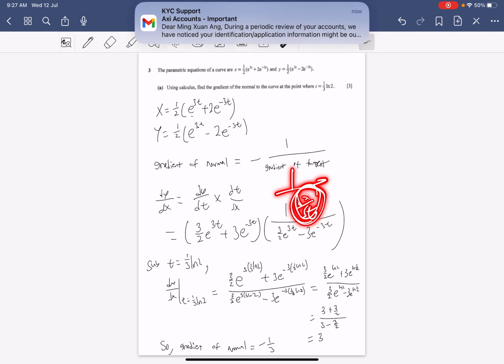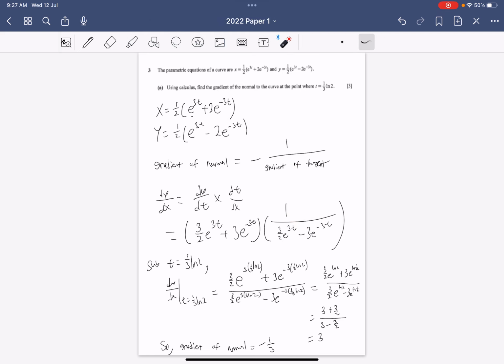So you already know how to find dx/dt, which is 1 over this whole thing. So it's just differentiating this with respect to t. Then what you want to do to find the gradient of the tangent is sub in t as 1/3 ln 2 and you get 3. So the gradient of the normal has to be minus 1 over 3.